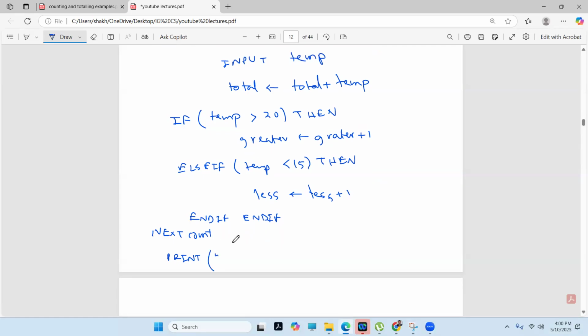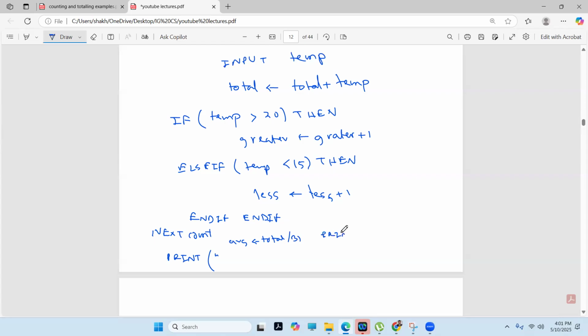Print. Okay, before that, we have to write here average equals total over 31, right?